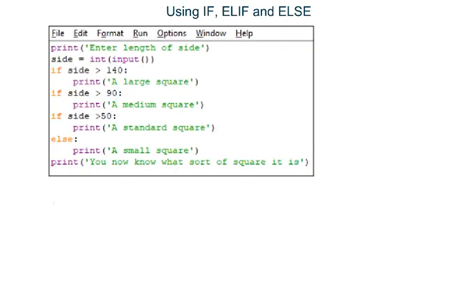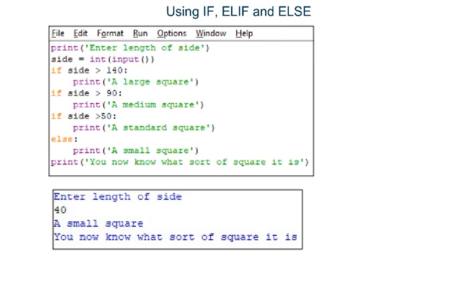The final program in this video shows what happens if we use a series of ifs instead of using if, then ELIF. Here I have run the program and entered 40, which has got stored in variable side. The program checks if what is in variable side is bigger than 140. It's not, so it does not do the output of a large square. The program then checks if what is in variable side is bigger than 90. 40 is not bigger than 90, so it does not do this indented line of code.